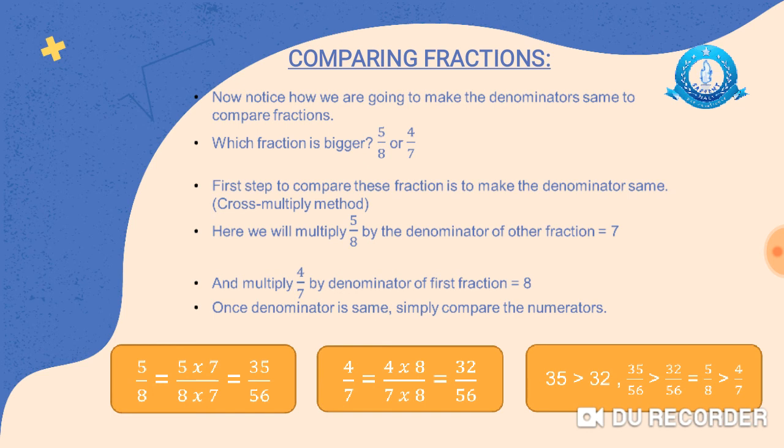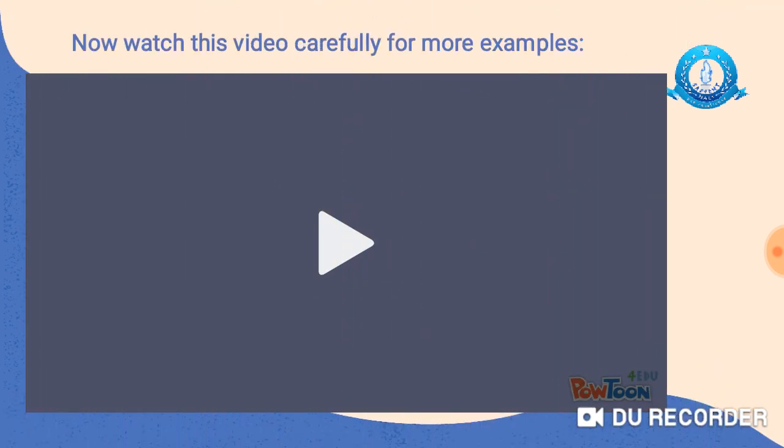So 5 upon 8 is greater than 4 upon 7. Please watch the following video very carefully for more examples.